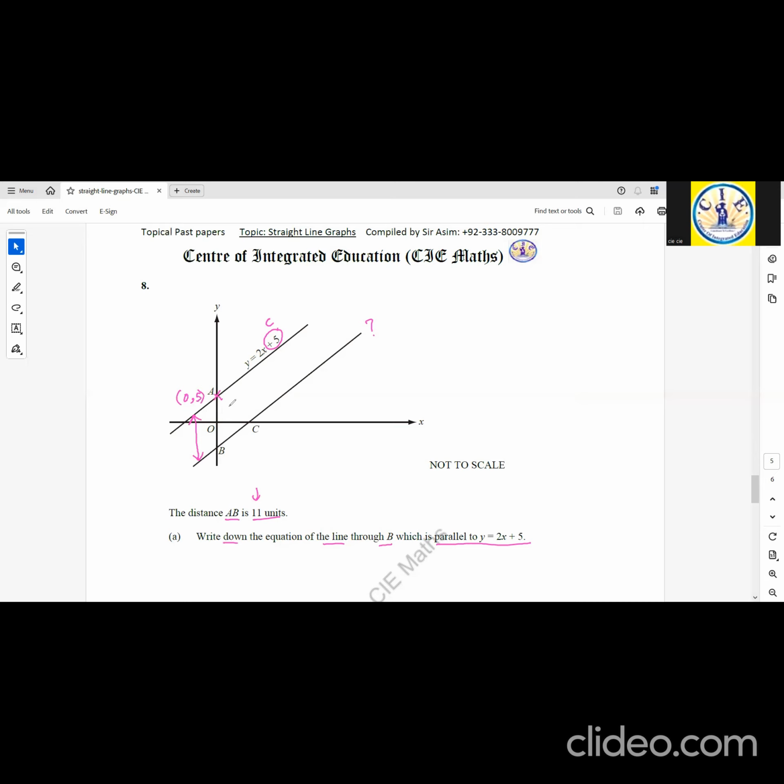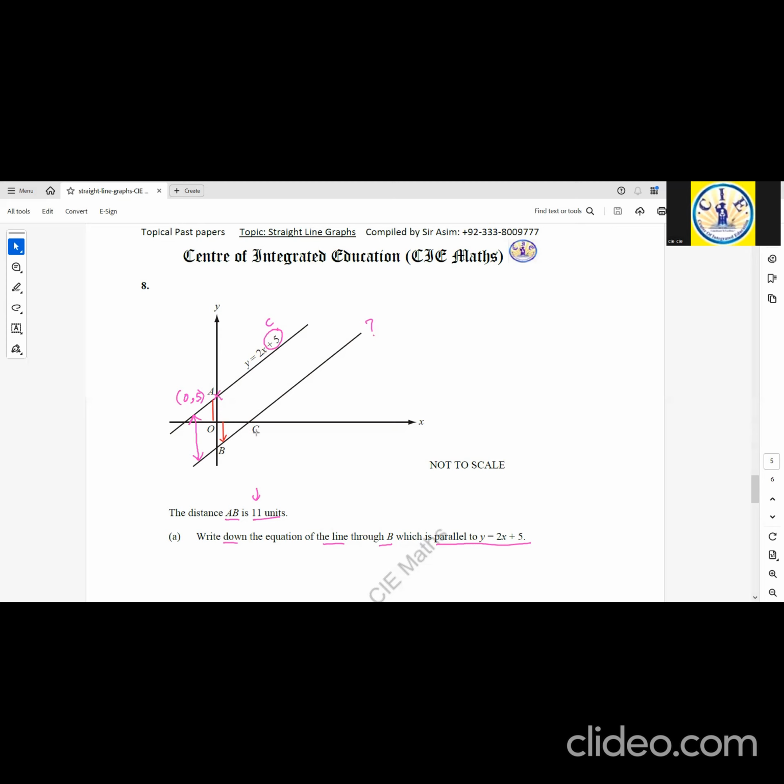That means that this line is 5 units above the origin, and consequently, this line is 6 units below the origin, or the x-axis.